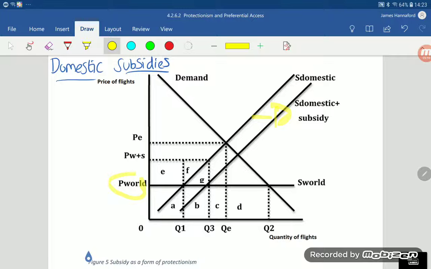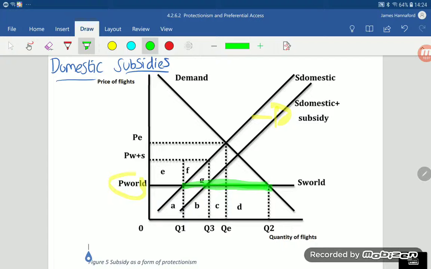You heard that correctly. The price remained unchanged at P World. Thus, as the price remained unchanged at P World, the quantity demanded of Q2, quantity of flights in this example, remains unchanged as well because we've still got the same price of P World. However, the imports reduced from Q1 to Q2, so I'll just mark that on here.